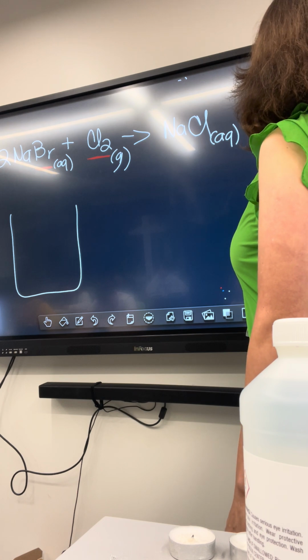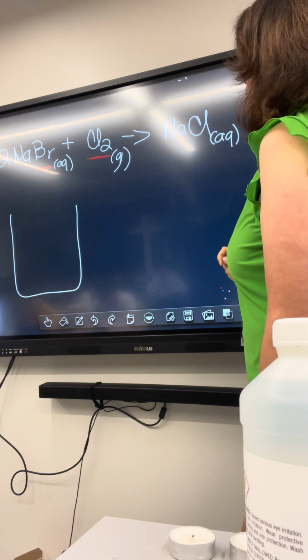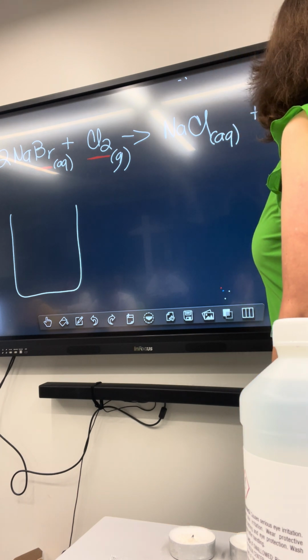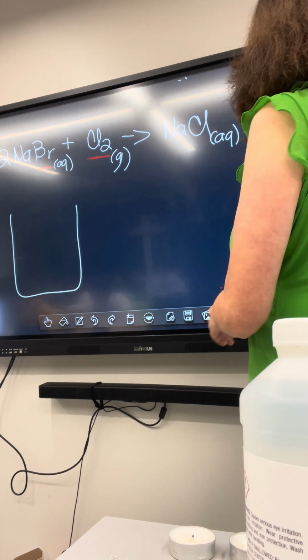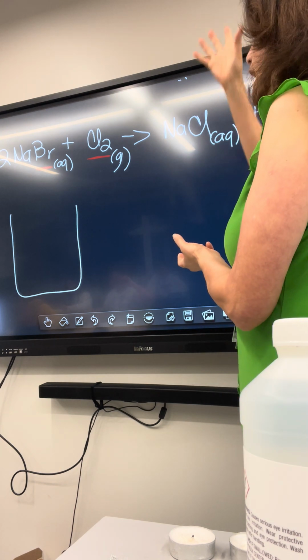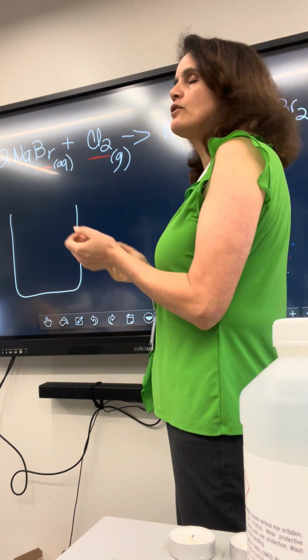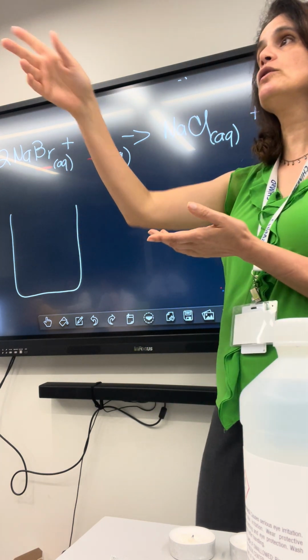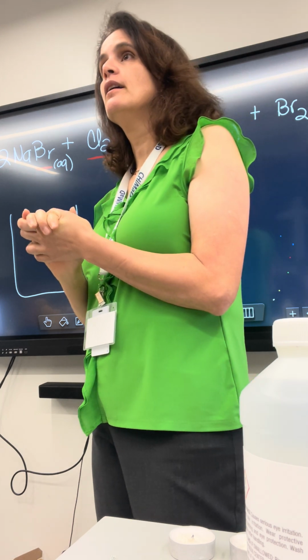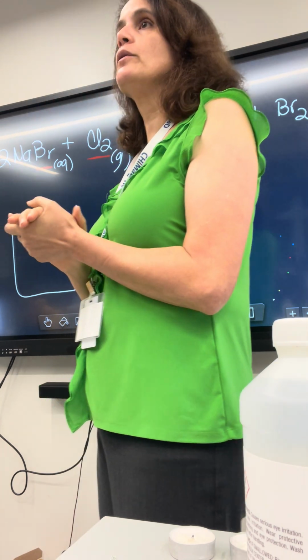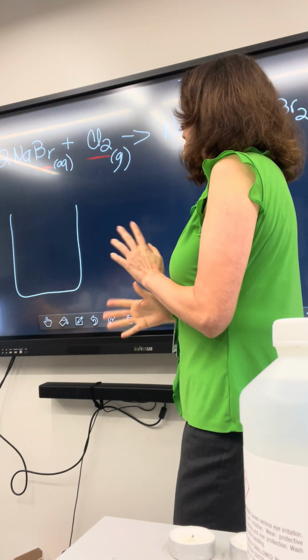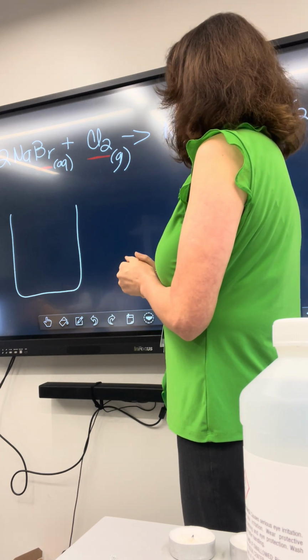And you're going to end up with Br2. Some of it will be liquid, some of it will be gas, but when I've done this reaction, you really see the gas coming out. Although bromine is normally a liquid, you do see the gas come out.